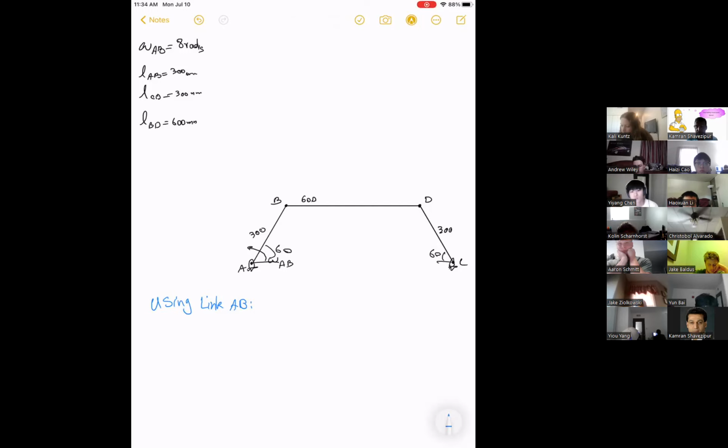What kind of motion B has, by the way? Jake, you're very quiet. What kind of motion B has? Is it translation? B has translation.